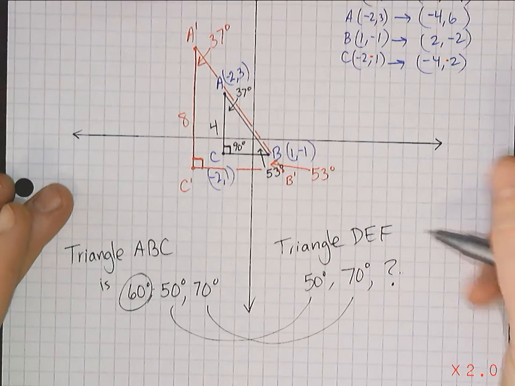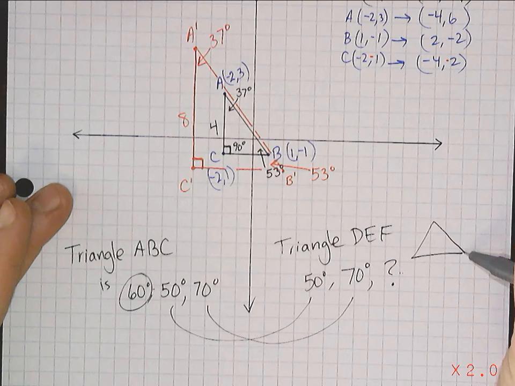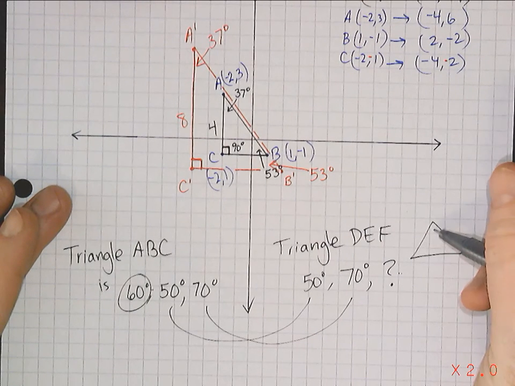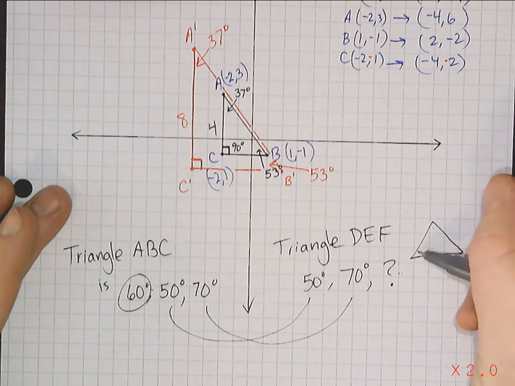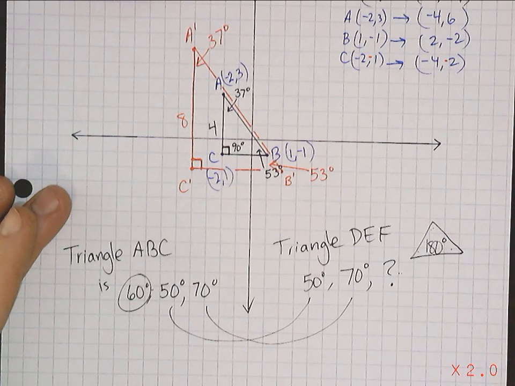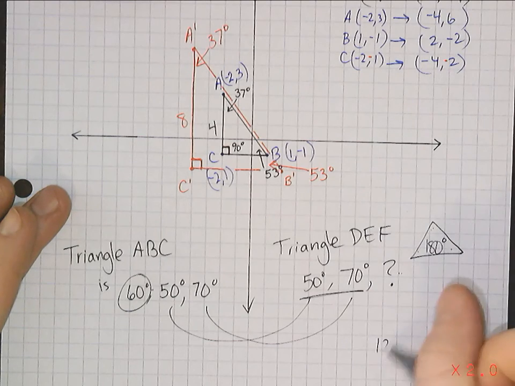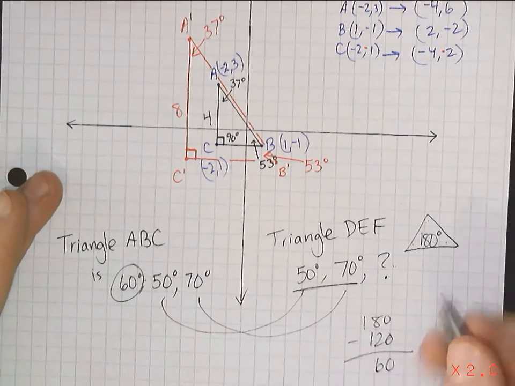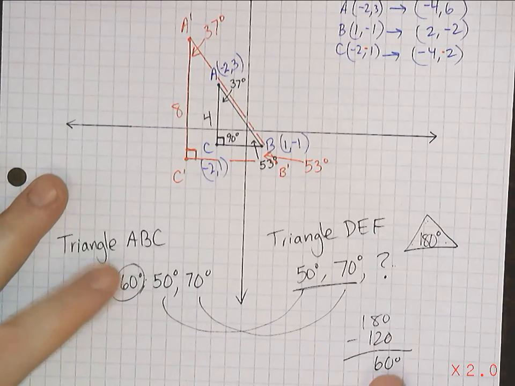The main reason why is because in a triangle, no matter what the measurements are, the total of all three angles should always be 180 degrees. So if we add those two and subtract from 180, the missing angle is going to be 60 degrees. That's what we're missing here.